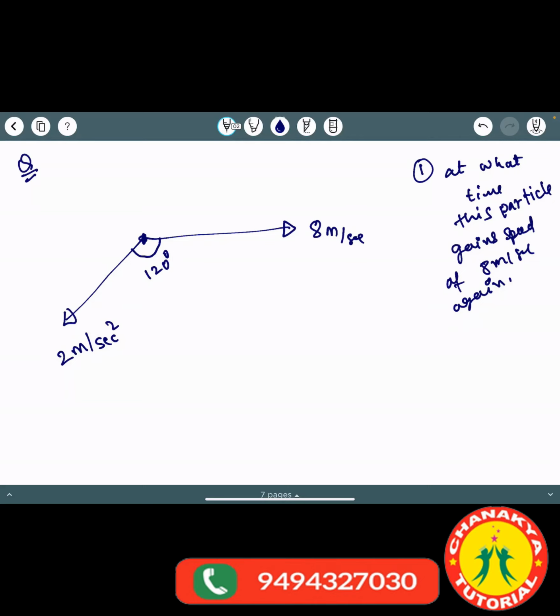I'll give you a small hint. The small hint is this is a projectile motion only. In which angle you are seeing, that is important.